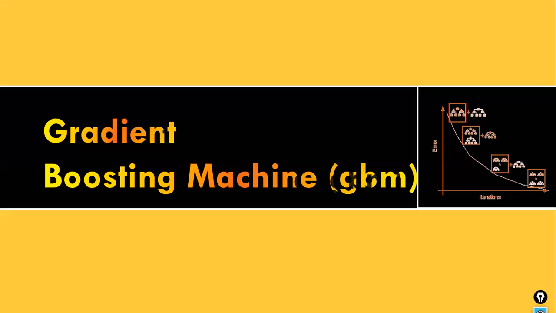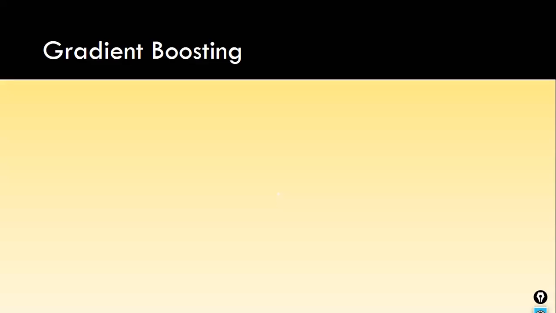Next, we will take a look at what exactly gradient boosting is all about and what makes this algorithm so special in achieving higher accuracy. What is gradient boosting? It is an ensemble algorithm like random forest, but there is a huge difference between them. Both gradient boosting and random forest fall under the ensembling algorithm category, but there is a difference between these two.